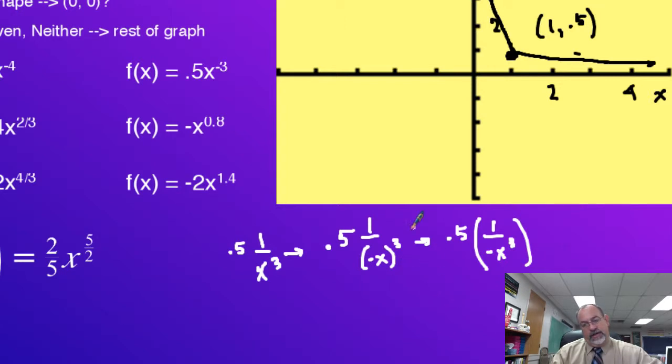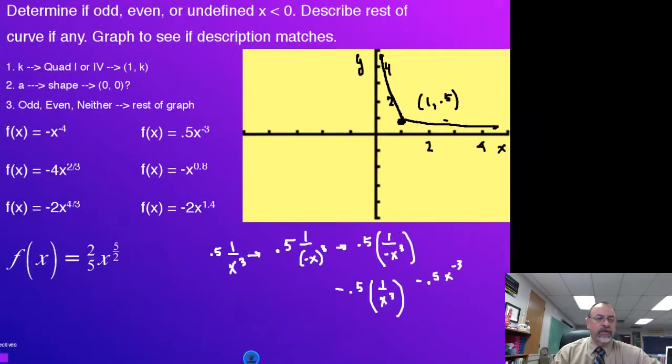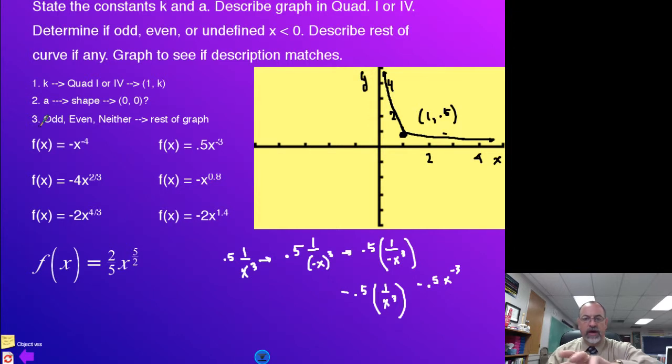Now when I multiply positive 0.5 times this negative fraction, I get negative 0.5 times 1 over x cubed. If I move that back up into the numerator, I've got negative 0.5 x to the negative 3. So when I substitute in negative x, I get the opposite of what the function was originally, which means it's a reflection around the origin. So what we're going to do here is take this graph and just turn it 180 degrees.